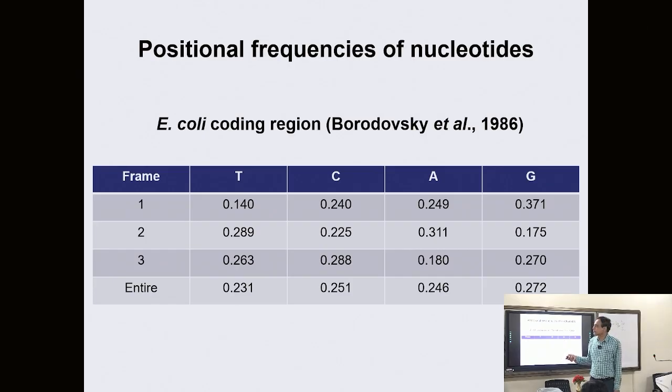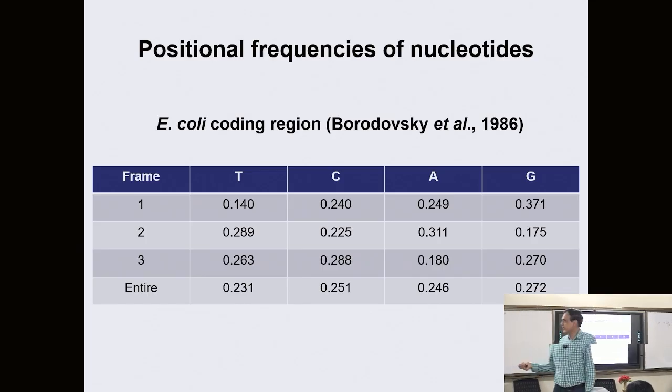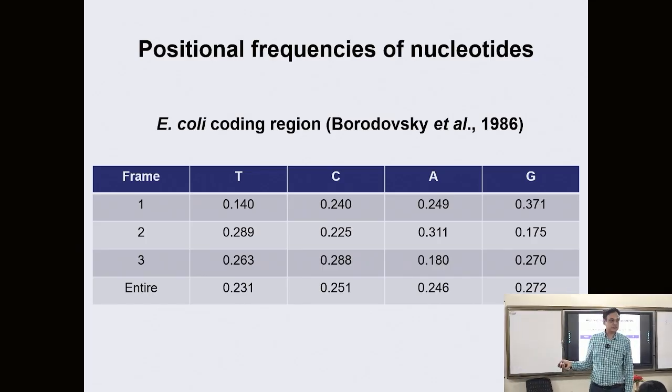So you can observe more frequency of A or G at position 1 compared to position 3, for example. So more occurrences of nucleotide A or G at position 1 and C or T at position 3, and so on.